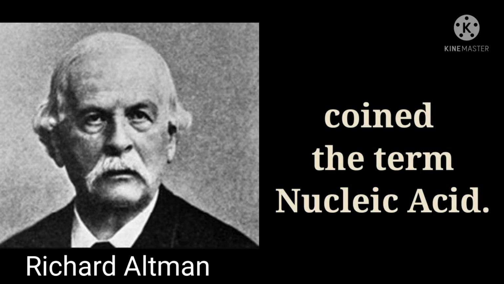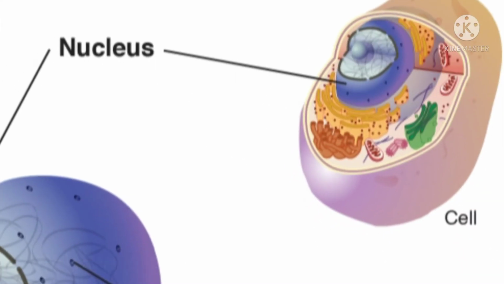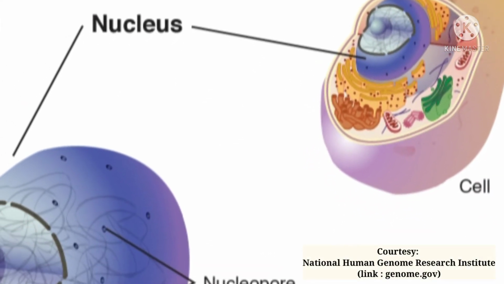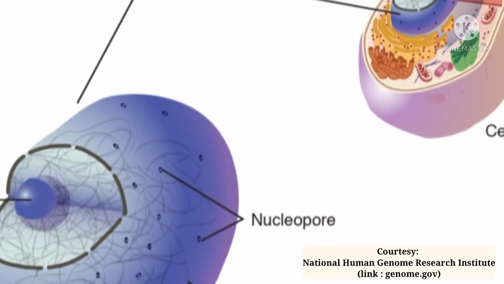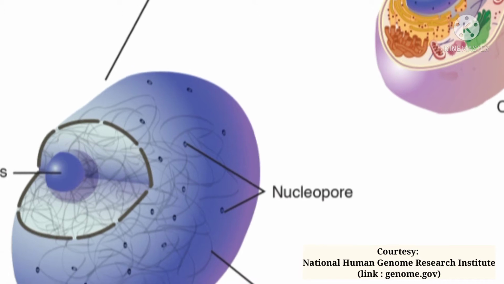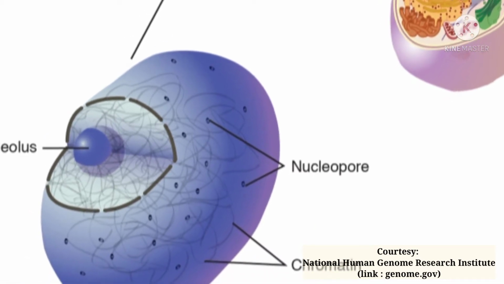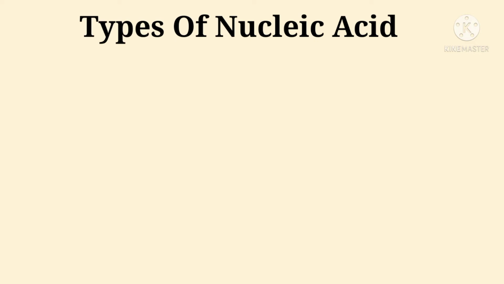In 1889, Richard Altman coined the term nucleic acid because of its acidic nature. Thus, the name nucleic acid comes from the fact that they were first isolated from the nucleus of the cell with acidic properties.